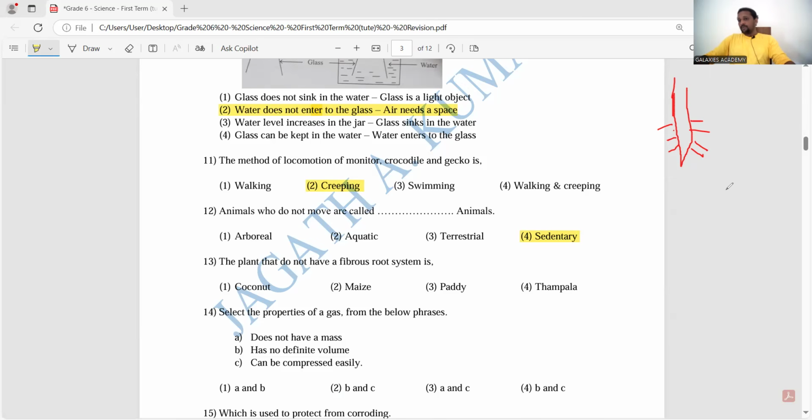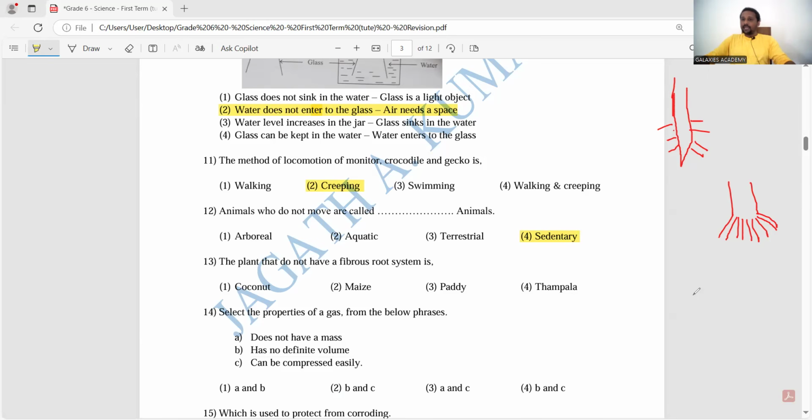And the other type of plant root system is the fibrous root system. Fibrous root system means a large number of small roots present at the base of this plant. What are the examples for the fibrous root system plants? We can give the examples: coconut, right? Areca nut, palmyra, kithul, bamboo, and also grass, right?